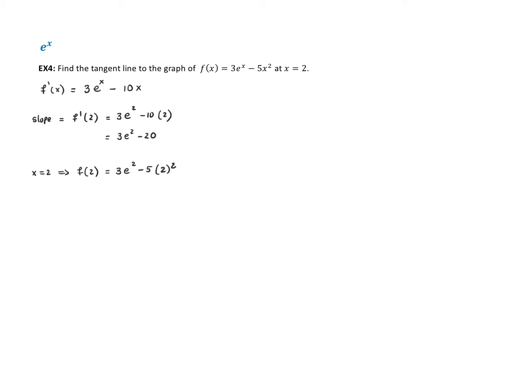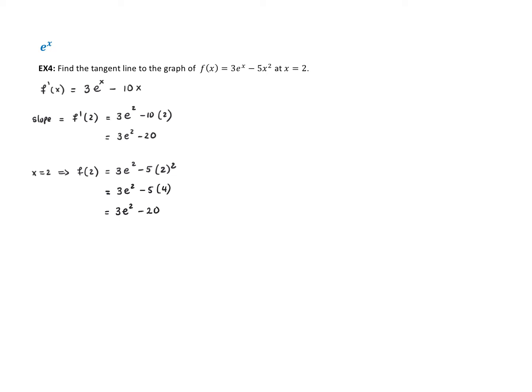I am getting this from the function itself, substituting 2 in place of x. Continuing with simplification, this will give us 3e squared minus 5 times 4, which is going to be 3e squared minus 20.